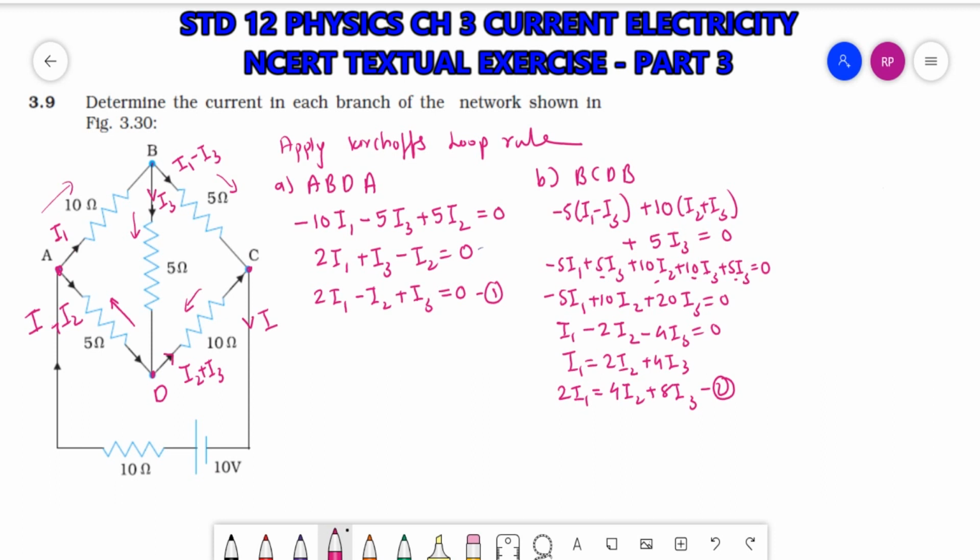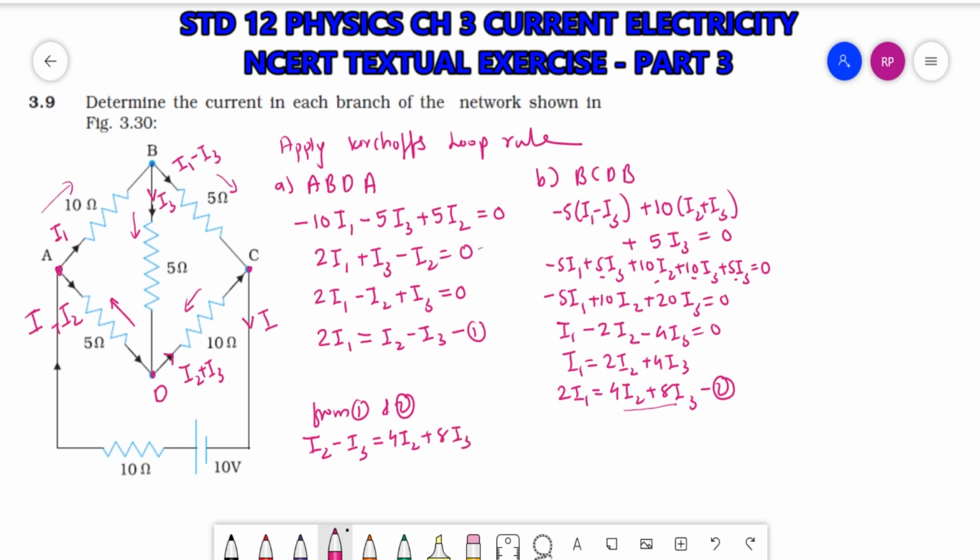I have taken 2I1 here because I can rearrange equation 1. From equation 1, I can get 2I1 equal to I2 minus I3. Clear? So let's name this as equation 1. So from 1 and 2, I2 minus I3 is equal to 4I2 plus 8I3.